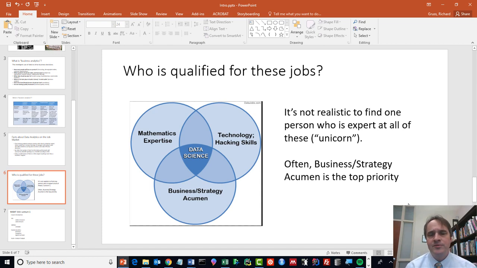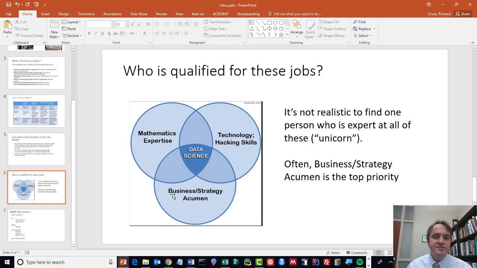Okay, so as far as these analytics jobs, who's qualified for these? This kind of analysis, as you'll see, requires three rough categories of skills. There are math expertise, and you'll see that that does become an issue as we start to look at some of the more complicated models. Technology, hacking skills. We're not going to be doing much programming here, but your Excel skills are going to get quite good throughout the course of this term.